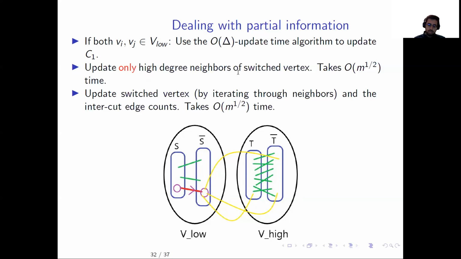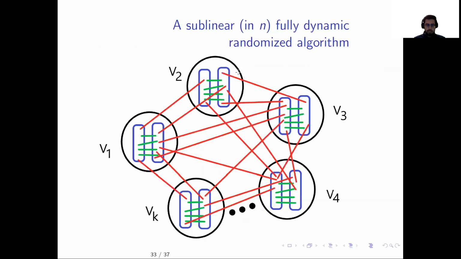We can afford to do so because the number of its neighbors is only square root of m. On the other hand, we might lose some information if we're only updating low degree neighbors of a high degree vertex. I wouldn't have time to go into the proofs, but in the paper you can find them.